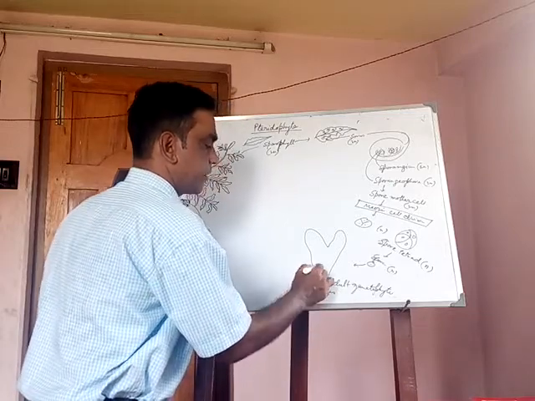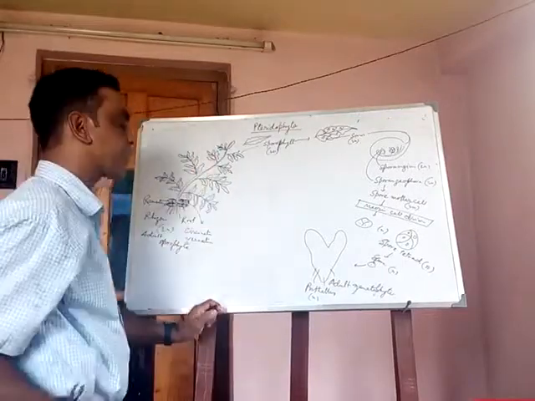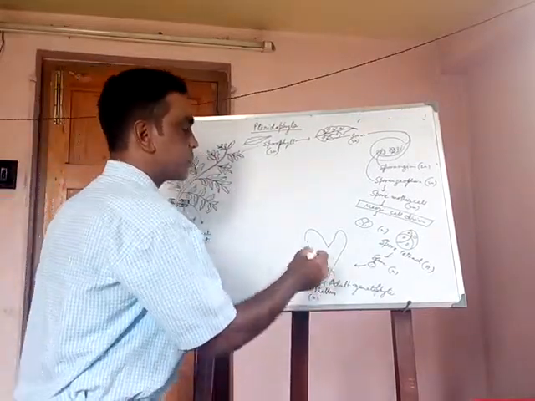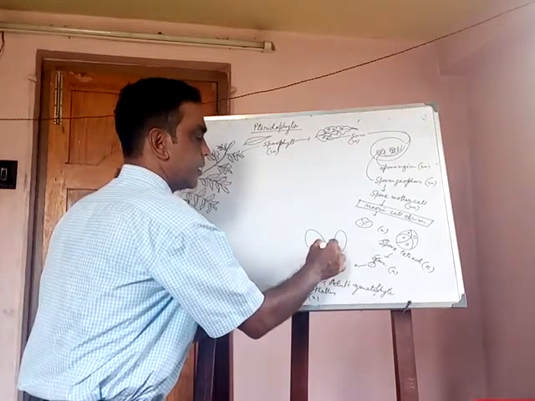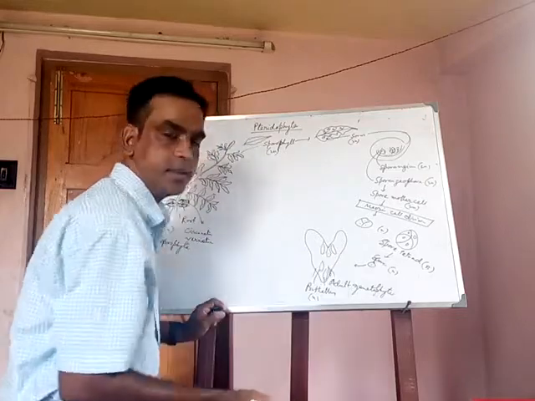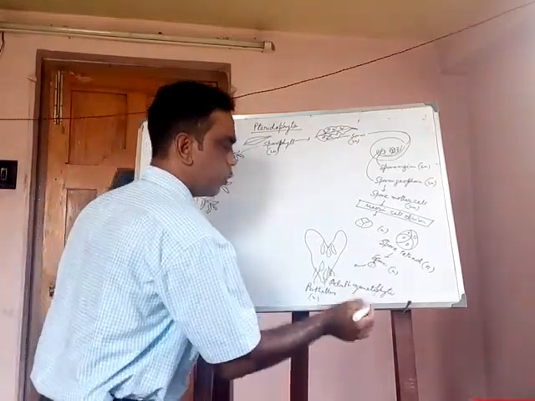Here the rhizoids, the antheridial mother cells and archegonial mother cells are found in the gametophytic body.